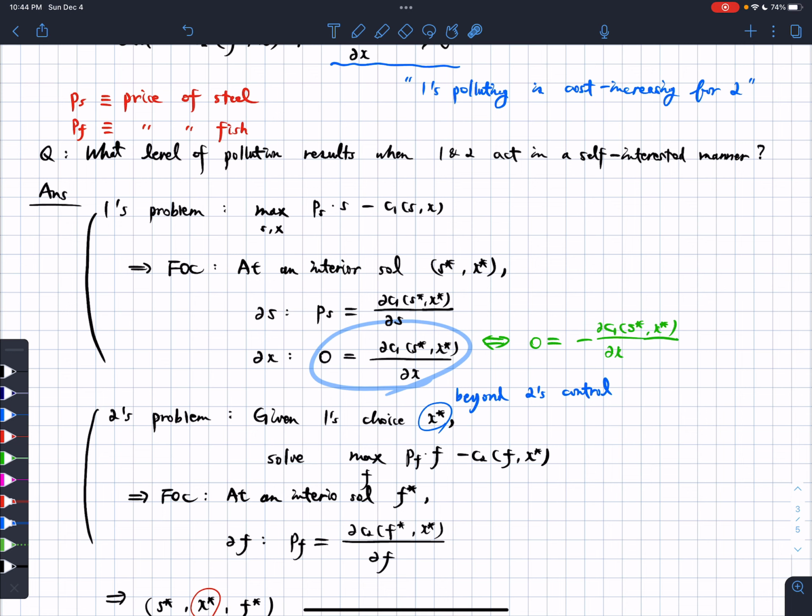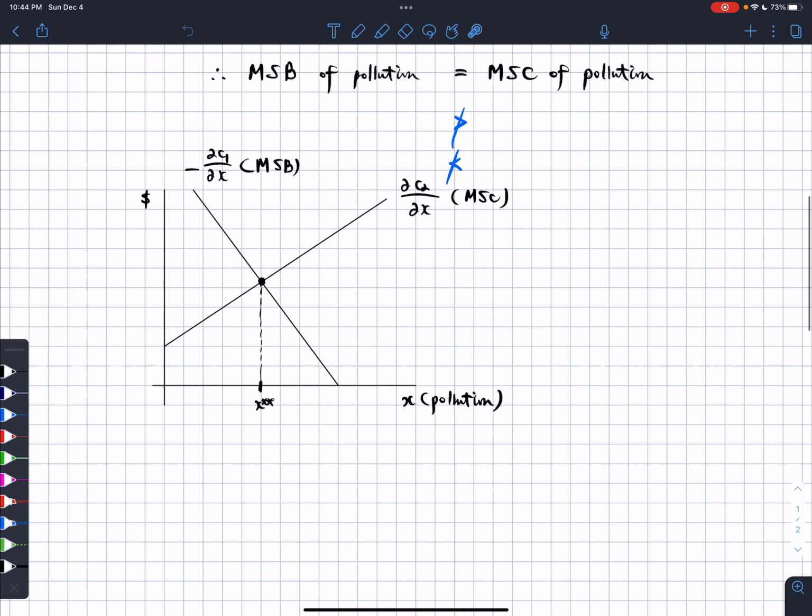To indicate that in this figure, when the two firms operate as different independent entities, firm 1 would choose X so that this is equal to 0. That means you choose X where this graph intersects the horizontal axis. So this point is X single star.